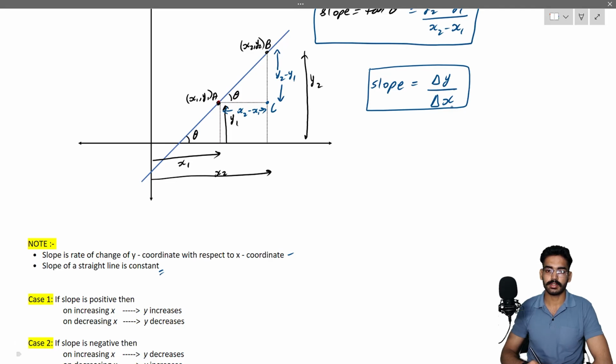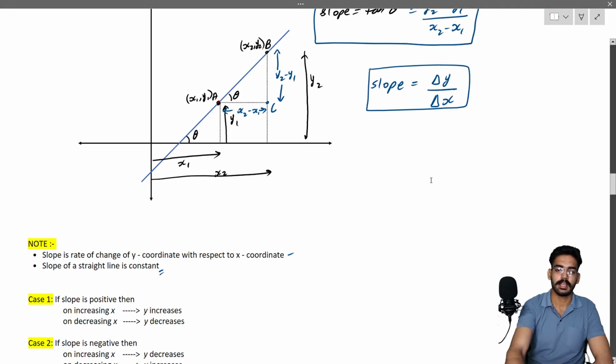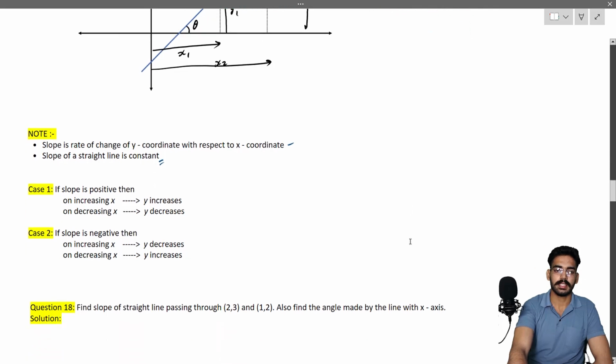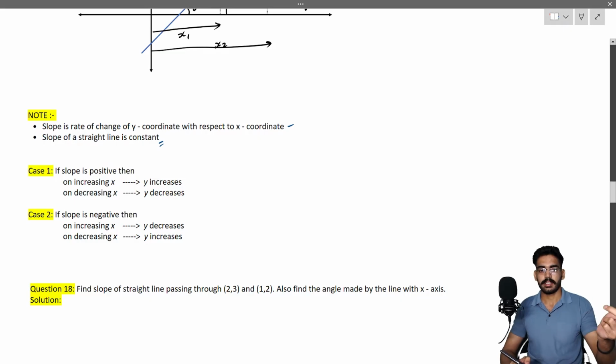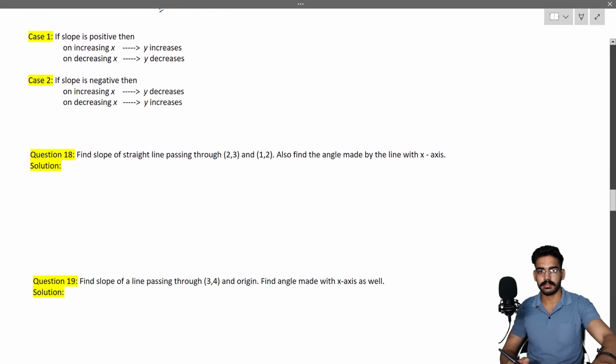But if the slope is negative, they will react oppositely: an increment in x will decrease y and a decrement in x will increase y, because a decrement in x gives a negative delta x, and negative times negative becomes positive, so y will increase. That's how it works. Now let's solve a question, you will understand better with questions.